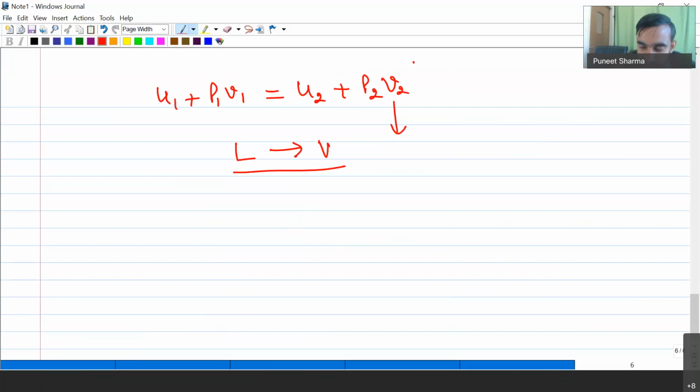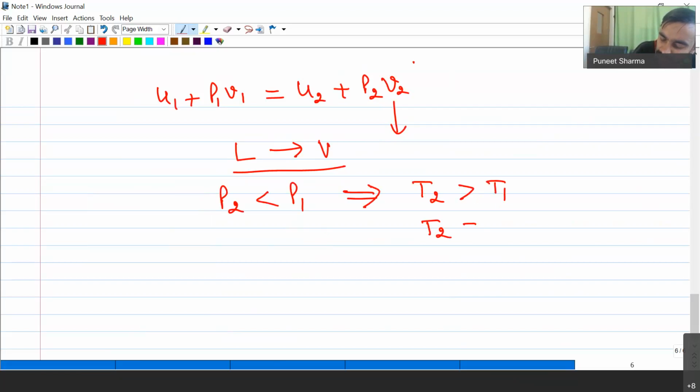Okay. Sir, you have mentioned one more point. You told that for some states pressure decreases and temperature increases, and you mentioned one term, Joule-Thomson coefficient. I didn't get it. In the initial lecture, I told that we may have the situation where P2 will always be less than P1, but corresponding to this, we may have T2 either greater than T1, or equal to T1, or less than T1.